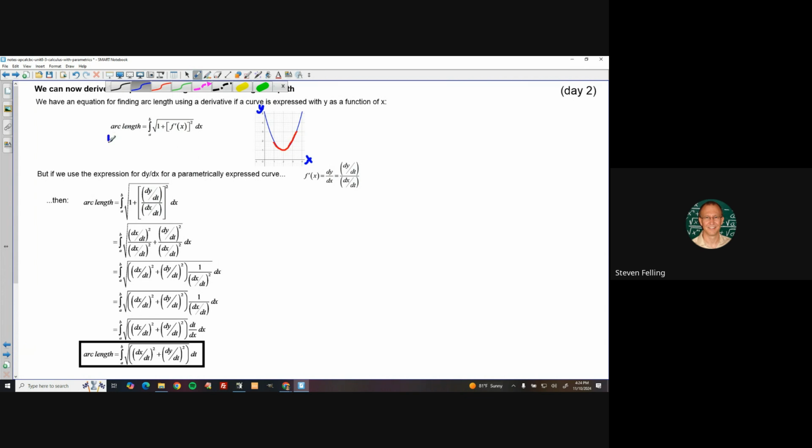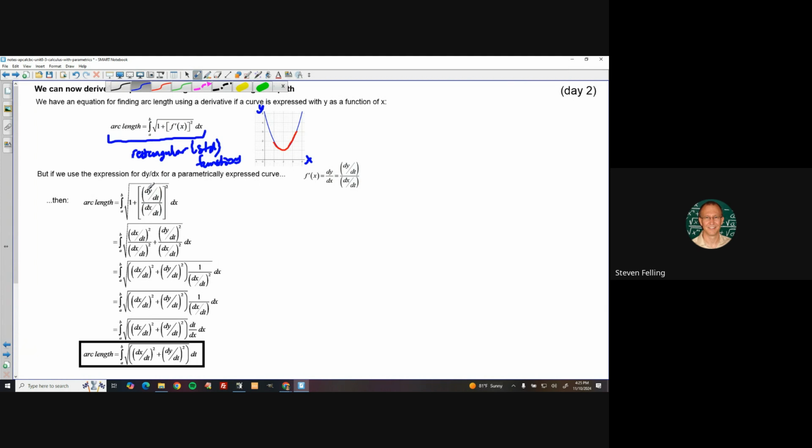So this is the arc length equation when we're using what we call rectangular or standard functions. But we're going to derive an alternate equation that we can use when we have a curve expressed in parametric form.